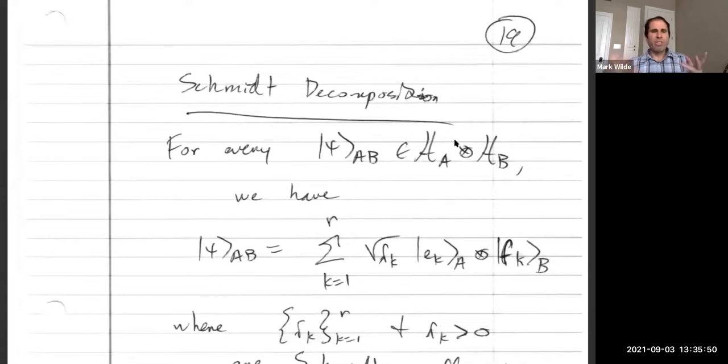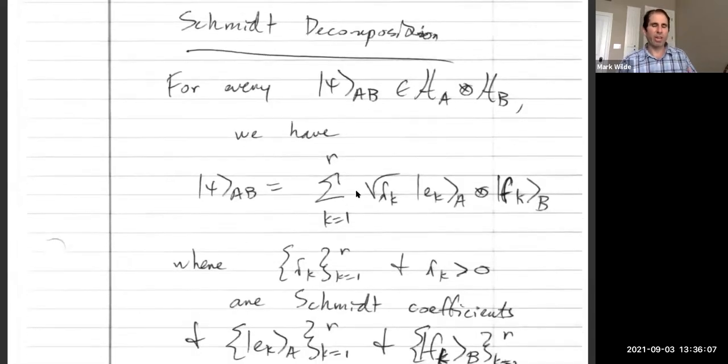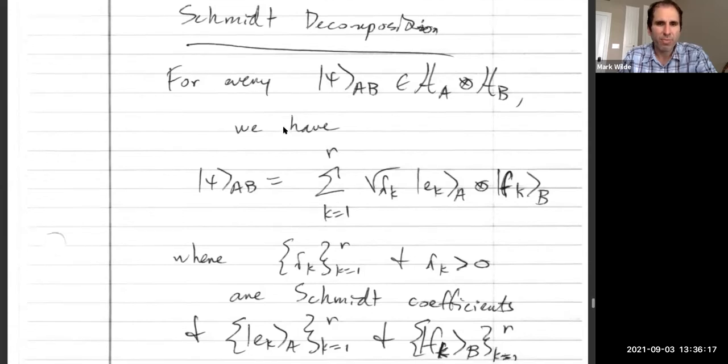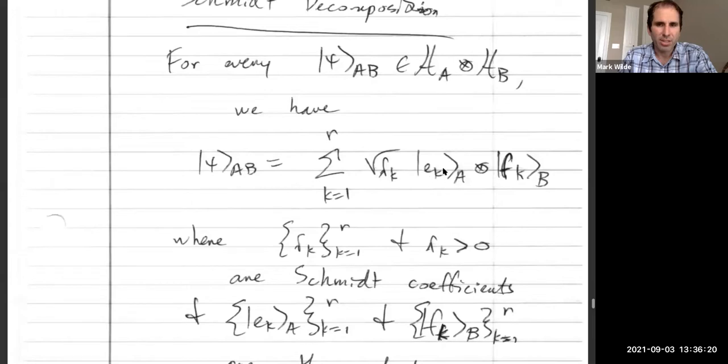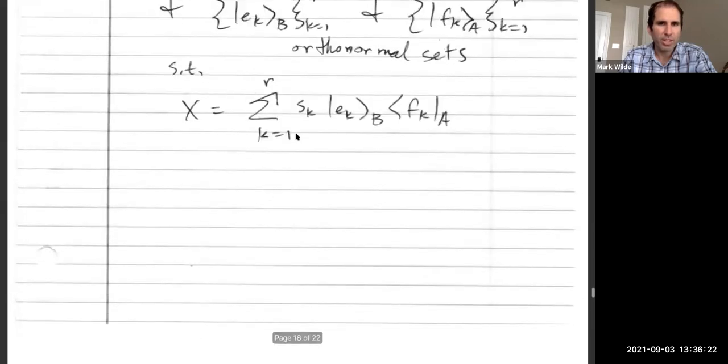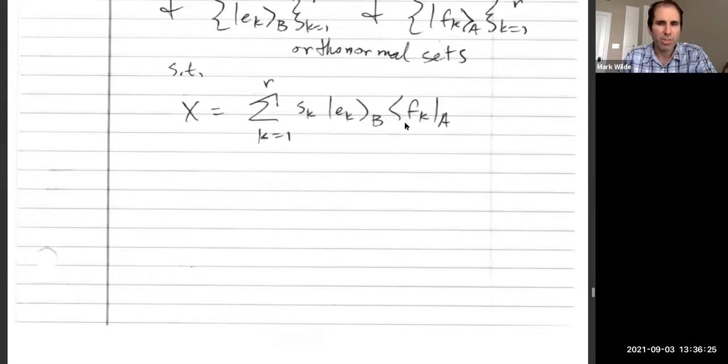There's something called Schmidt decomposition, which is interestingly enough directly related to the singular value decomposition. And this tells us something fundamental about entanglement, and that's something we'll get to later. Okay. So if I have a bipartite vector, you can write it like this. And notice the similarity to the singular value decomposition, right?